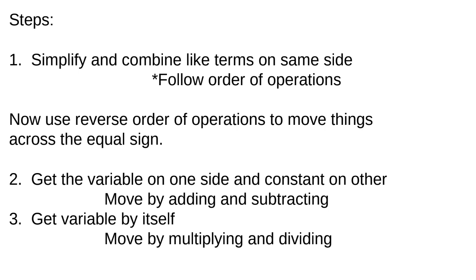So anything that has a variable in it is going to go to one side, and every constant or things that don't have a variable are going to go to the other side. And the way we're going to move those things is adding and subtracting. After we've done that, the last thing we're going to probably need to do is get the variable completely by itself. And we're going to do that by using multiplying and dividing.